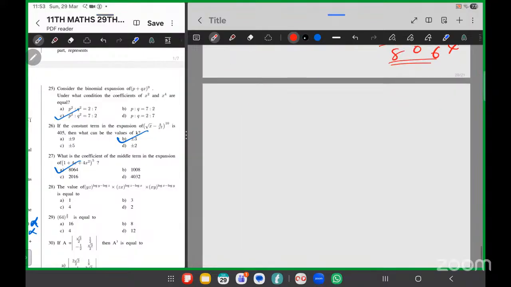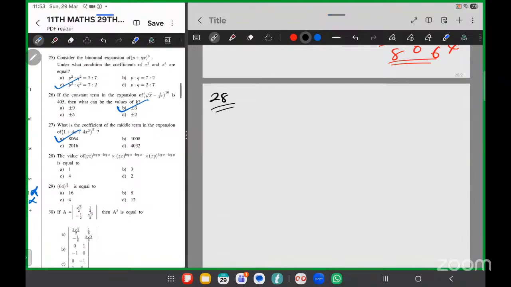Question number 28. The value of (yz) raised to log y minus log z.